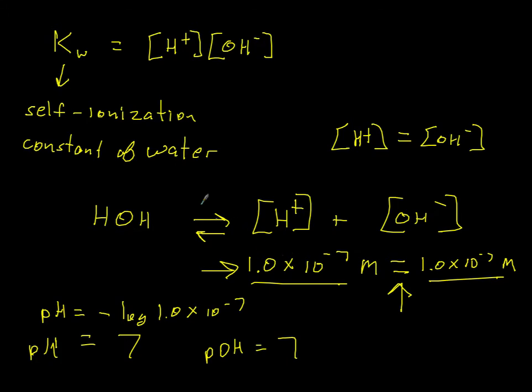Now, if Kw is equal to H times OH, we can take this H and this OH and multiply them together. Let me actually clean up this screen. Watch this, go to the next page.